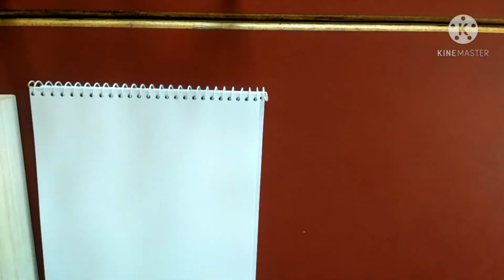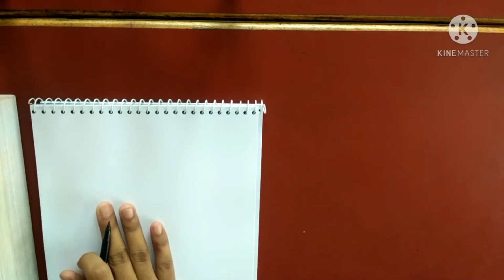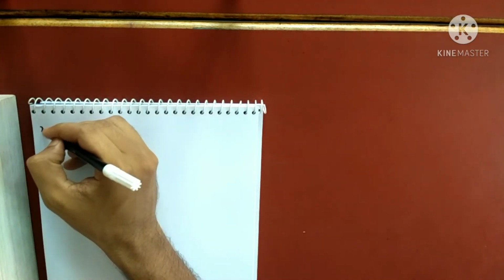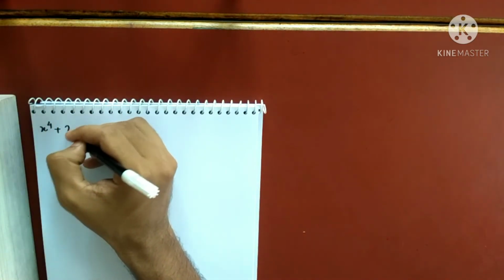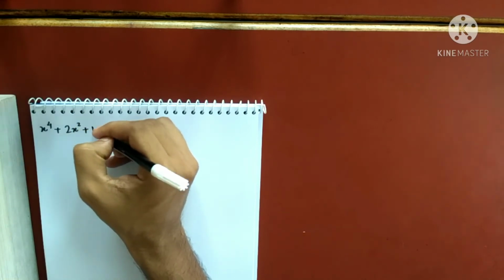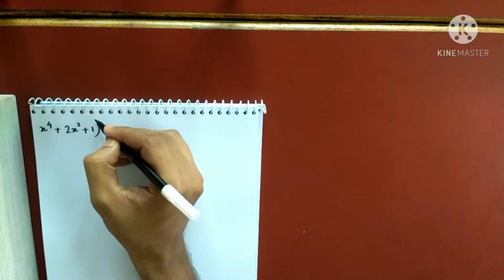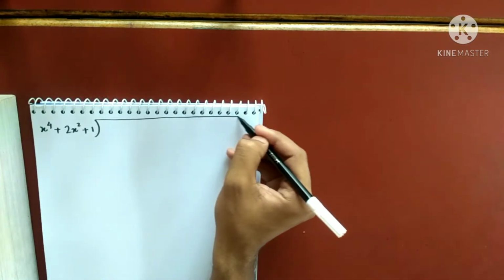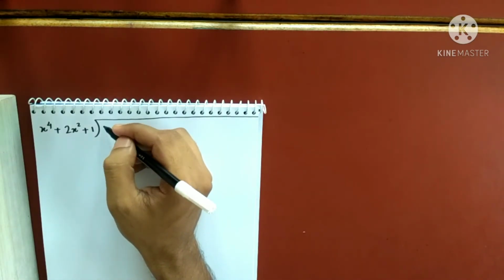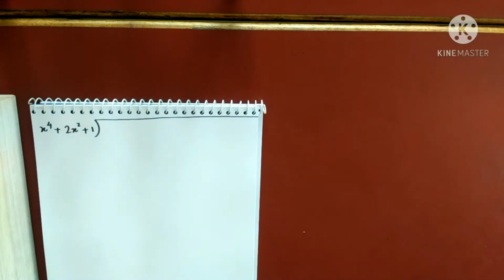So what was that? Just a minute. It was x to the power 4 plus 2x square plus 1. Can anybody tell me what the polynomial was?